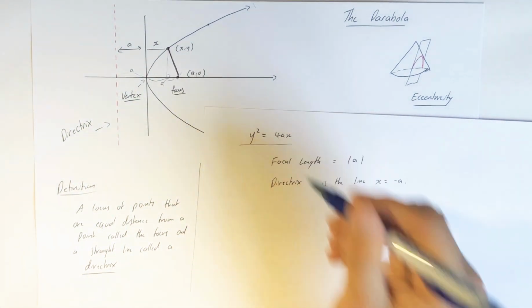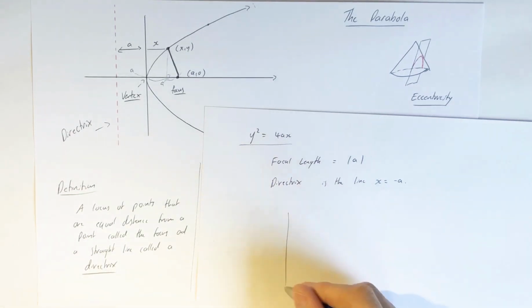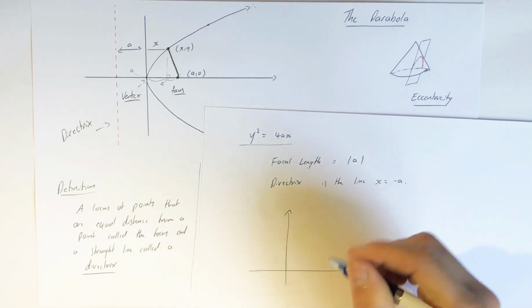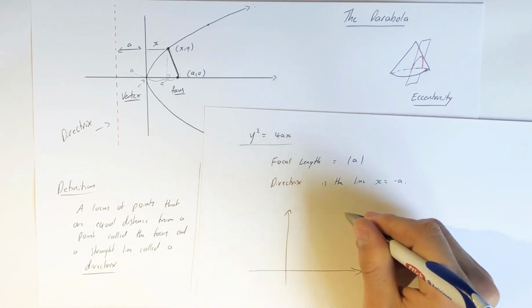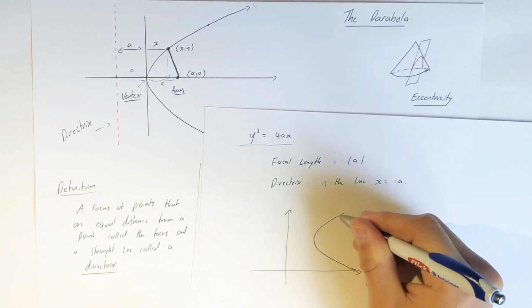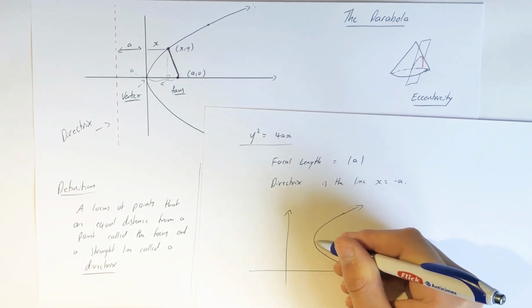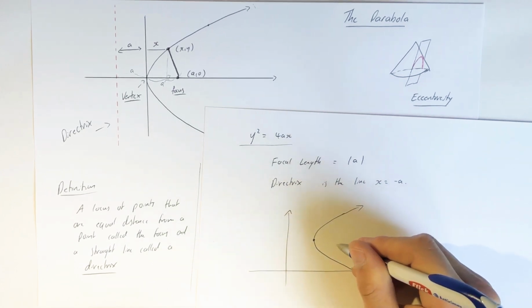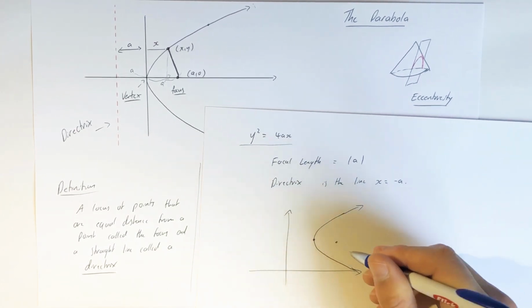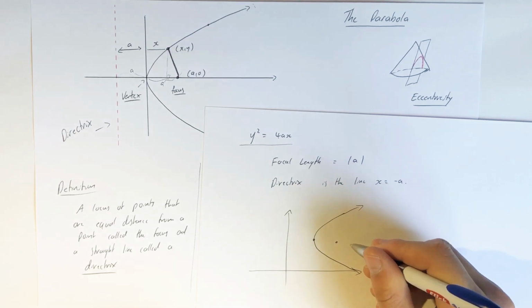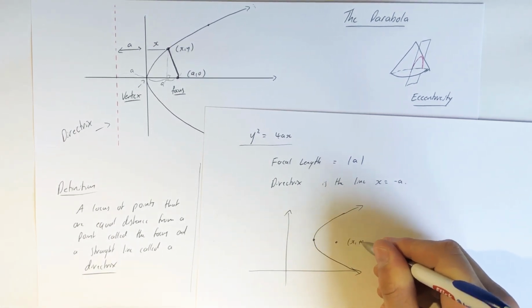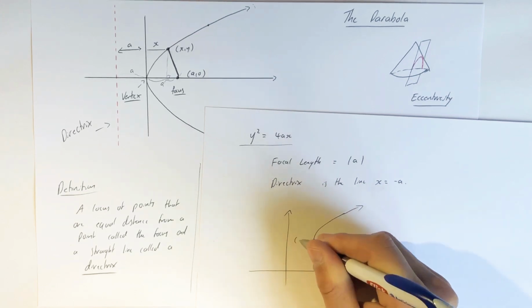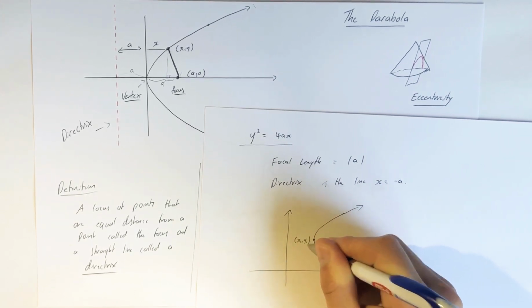We can also move a parabola around as well. So if I had some sort of Cartesian plane like this, and my parabola was up here, right? And I had a vertex, and I had a focus. Well, let's say the vertex is at x1, y1, and that focus would be at x1 plus a, y1.